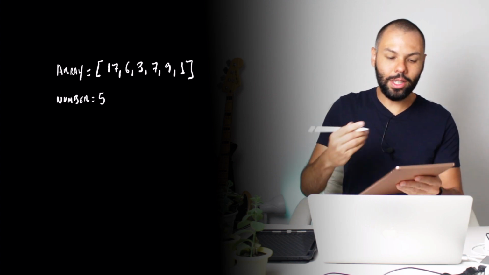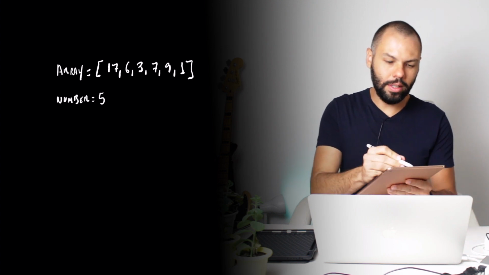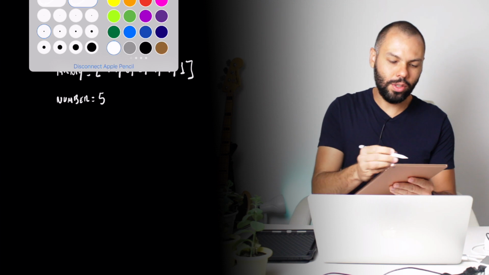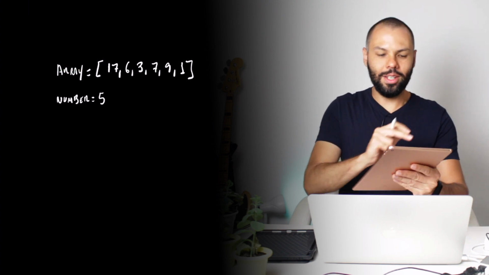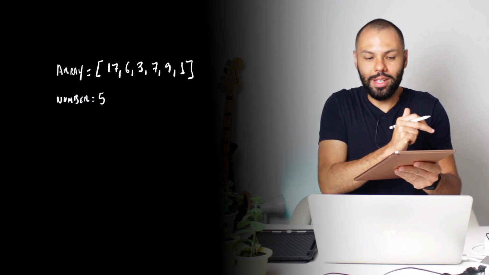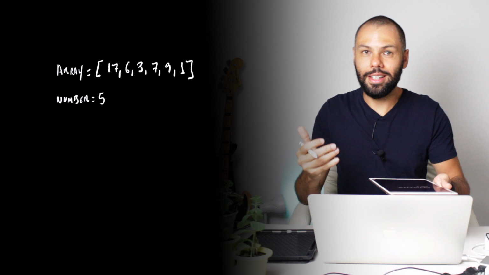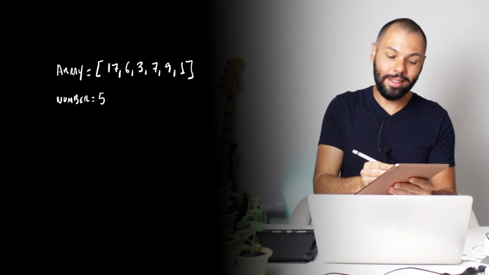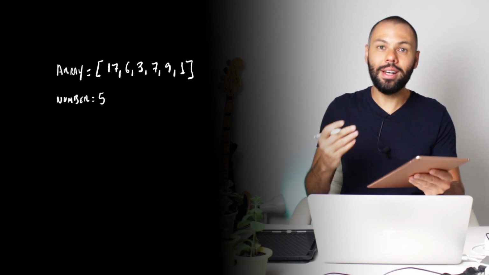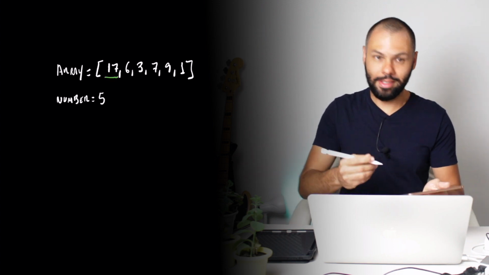Now, in order to solve this problem, let's do a simple thing. Let's go through the whole array and ask if each number is greater than 5 or not. So, hey 17, first number, are you greater than 5? Yes, he is.